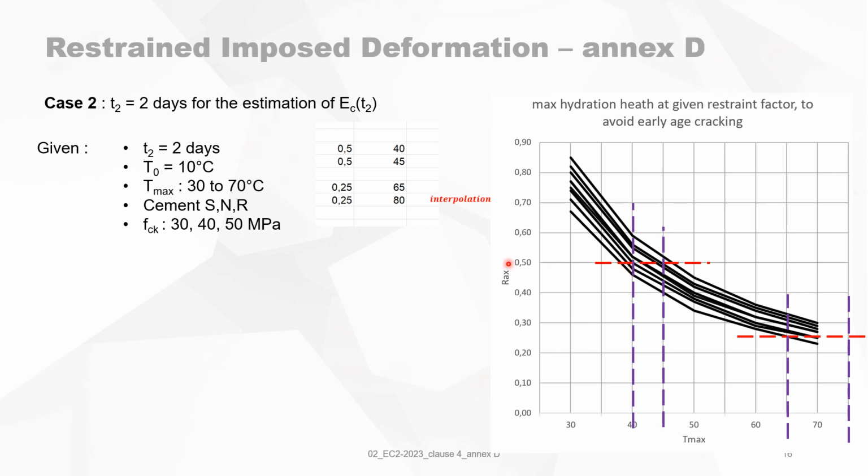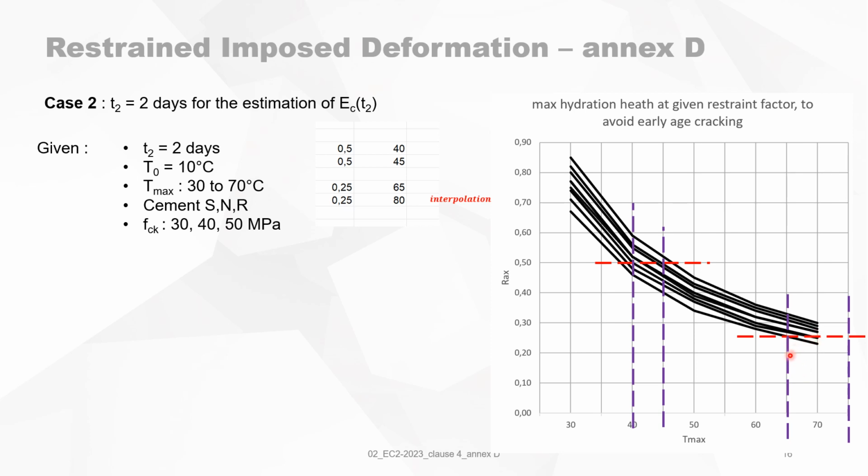Of course, when I say that the interval for a restraining factor of 0.5 is between 40 and 45 degrees, you will see, in fact, it is 38 or something like that, and not 45, but 47 or something like that, if you look at the interval. So I just rounded it for this, just to give a ballpark figure.